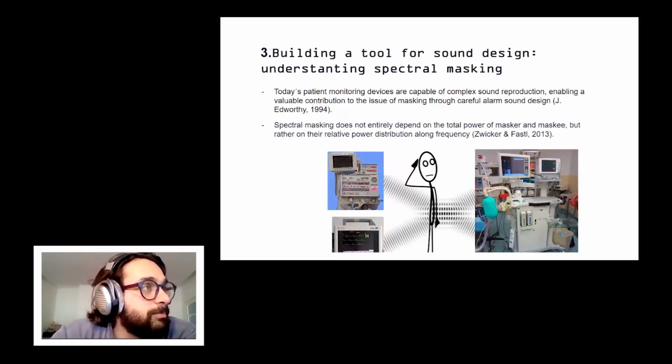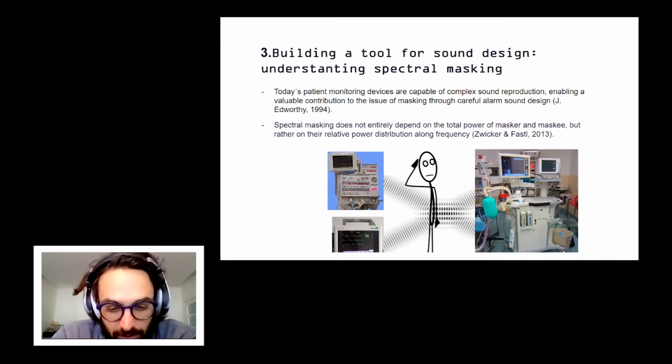So in the healthcare environment, since the early 90s, these devices have been improved, and nowadays they are capable of reproducing much more complex sounds along a substantial range of the hearing frequency range.